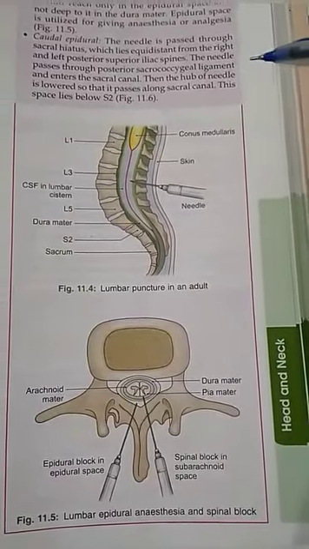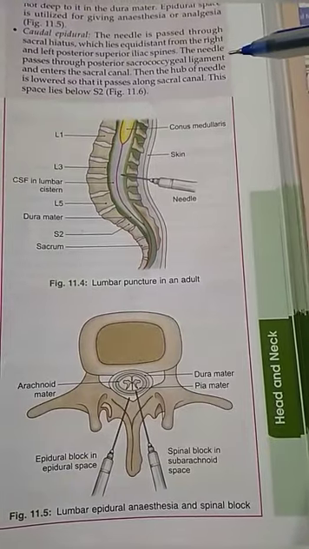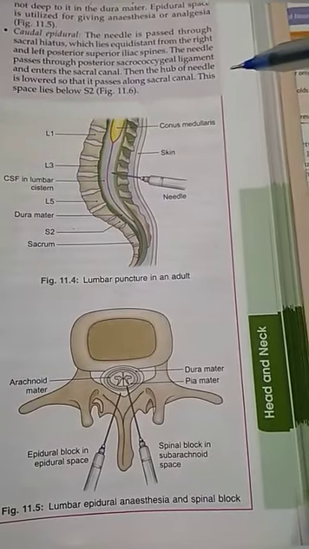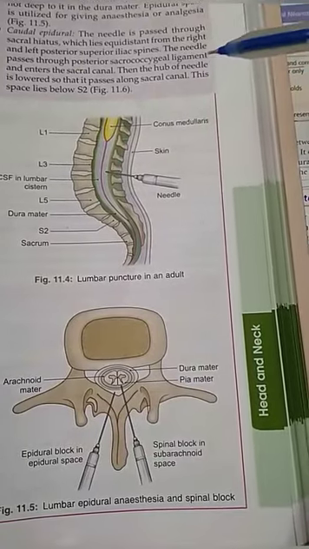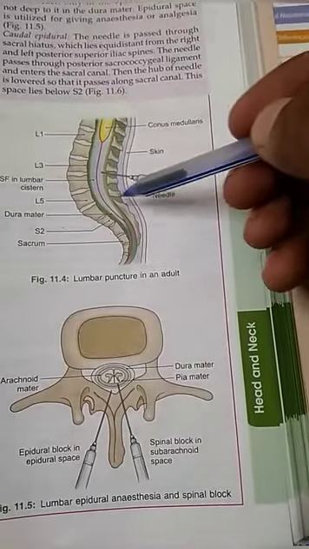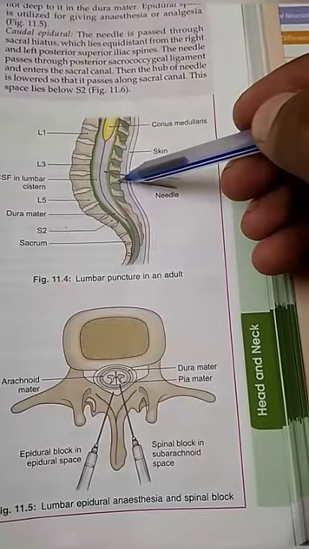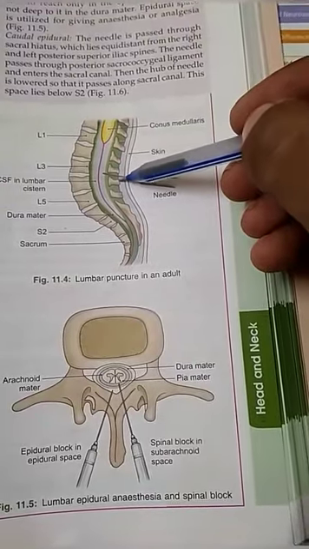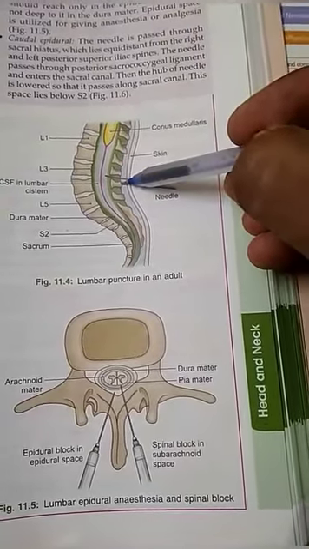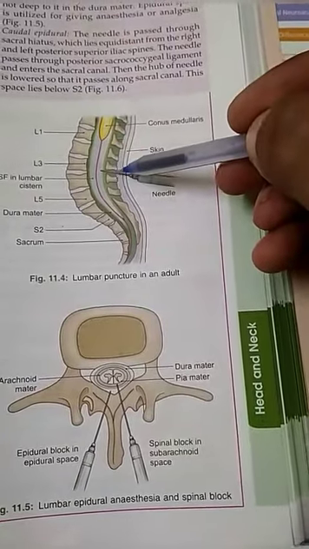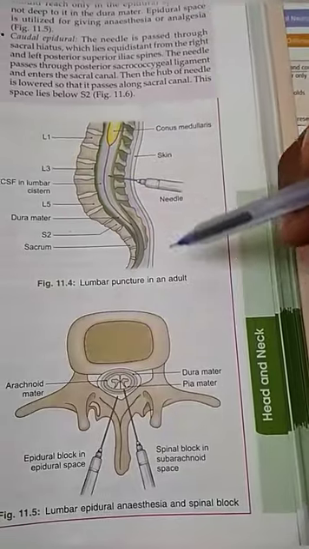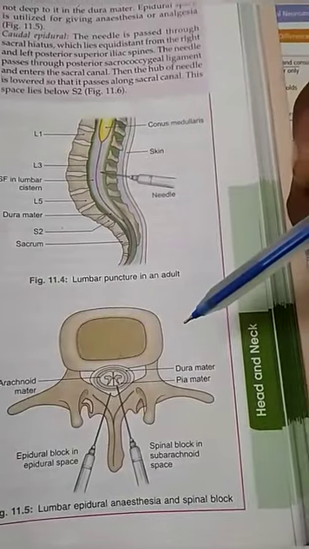So, this lumbar puncture should be done well below the termination of the spinal cord. A horizontal line joining the highest points of the iliac crest passes through the spine of the L4 vertebra. So in adults, the lumbar puncture needle is passed just above this spine.